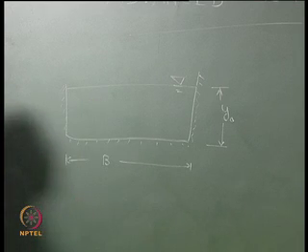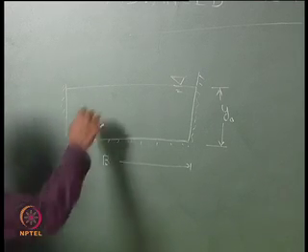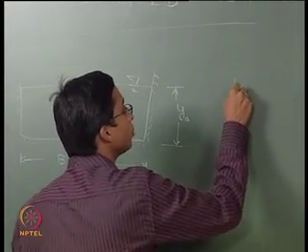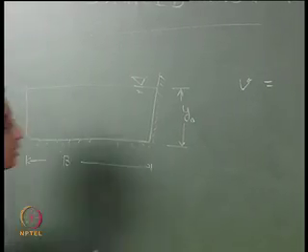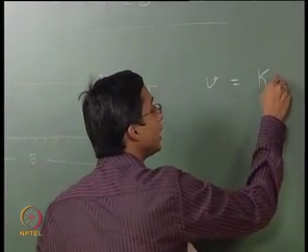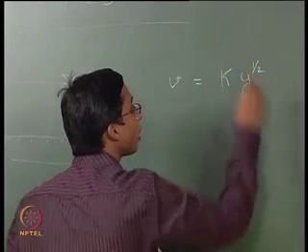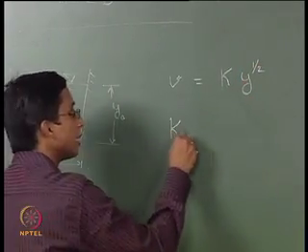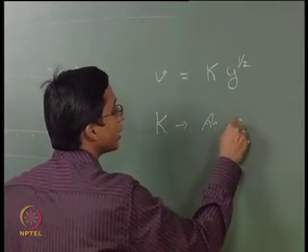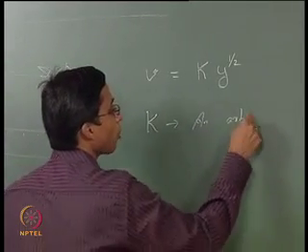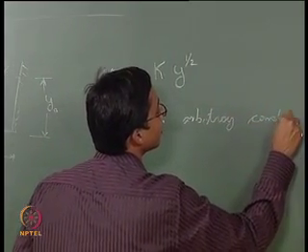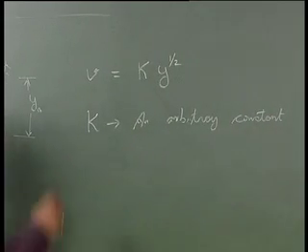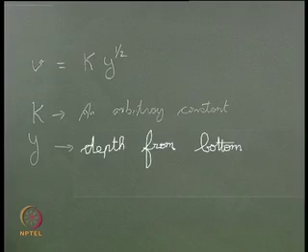At any point inside the channel, the velocity distribution is given as v is equal to k into y to the power of half, where k is an arbitrary constant. It depends on the problem, any type of flow and all. y is the depth from bottom to any concerned point.